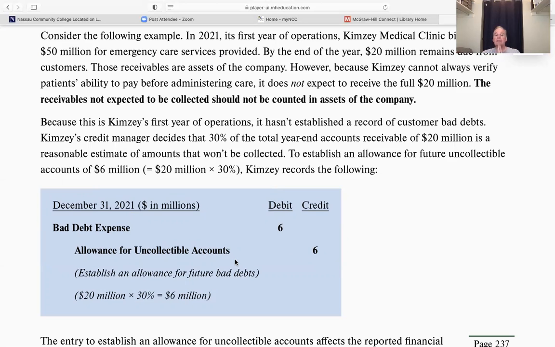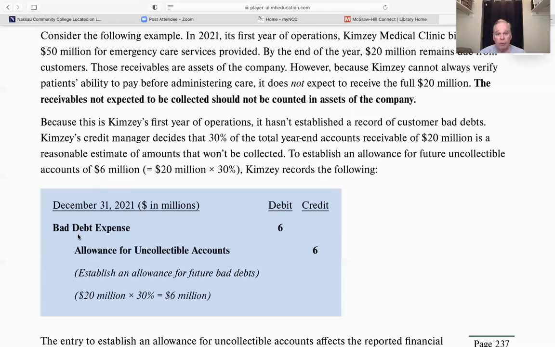Now, this is the key. What I'm telling you now is the key. You have to understand this account. If you can understand this allowance for doubtful accounts, when do you debit it? When do you credit it? Right? That's the key to understanding this. The bad debt expense is really not important. The number that goes in the bad debt expense follows whatever you were going to put in the allowance.